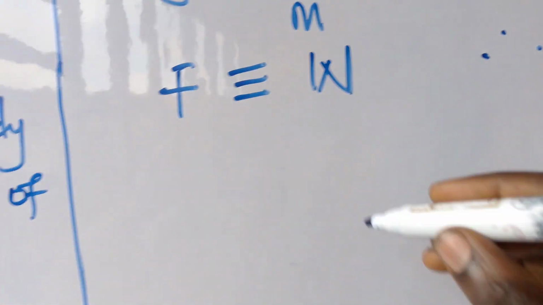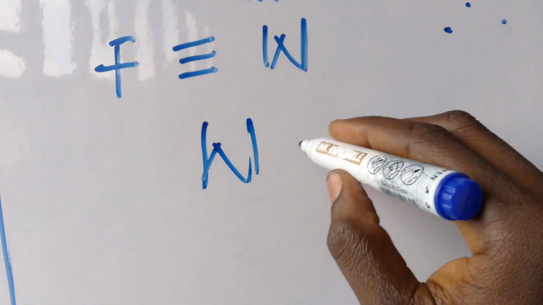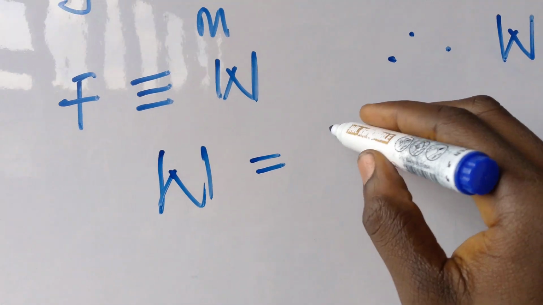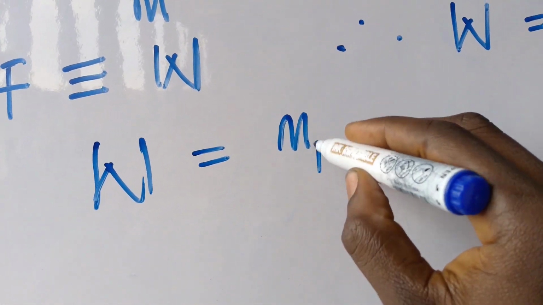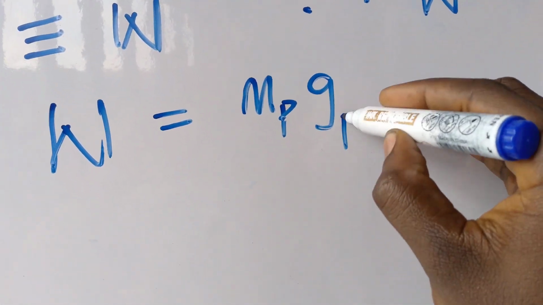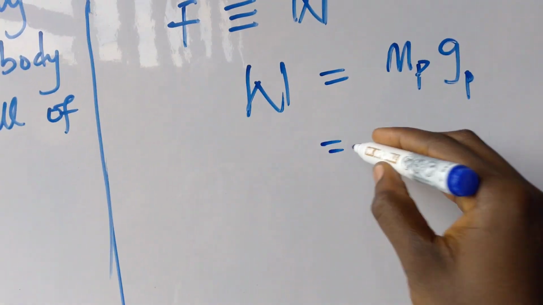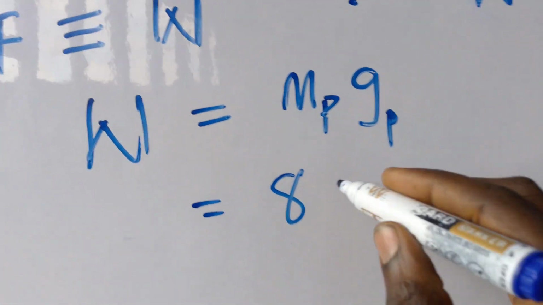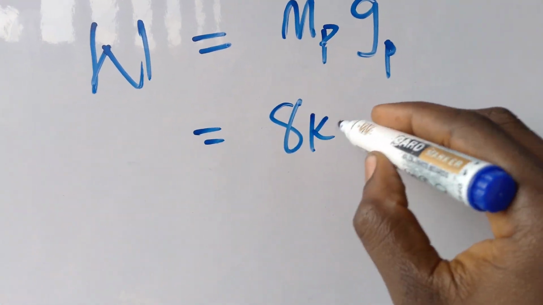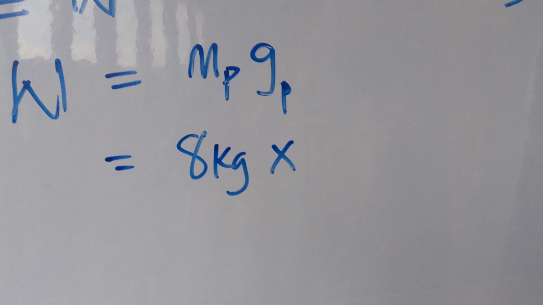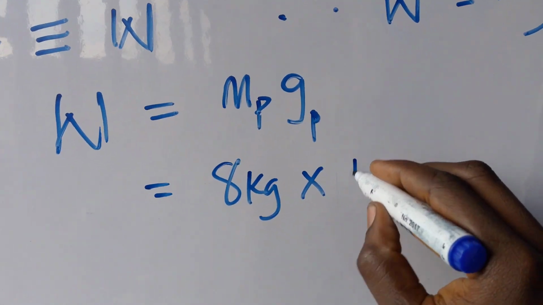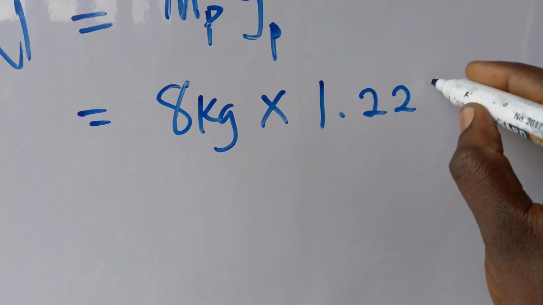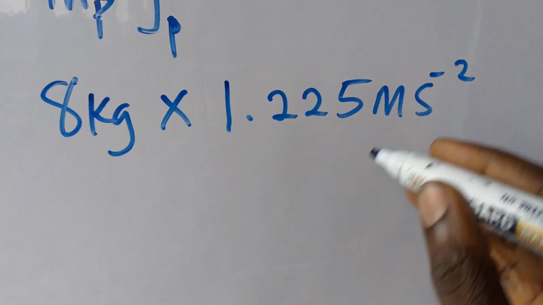It implies that W will be equals to mg, and W in this case is the weight of that object on the planet. So the weight of the object on the planet will be the mass of the object on that planet times the pull of gravity on that planet. The mass is 8 kilogram, multiplied with the pull of gravity on the planet, 1.225 meters per second square.